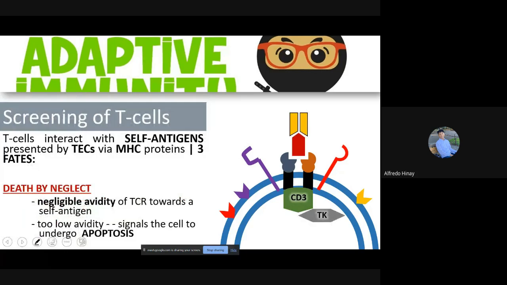Then let's start with your screening of your T cells. Okay, so the T cell interacts with your self-antigen presented by your thymic epithelial cells. So your thymic epithelial cells, class, will try to present your self-antigen. So example of your self-antigen, pwedeng heart, liver, etc. All self-antigen.